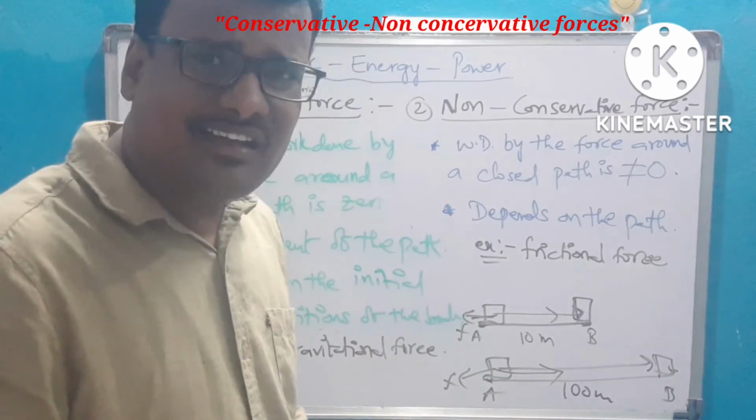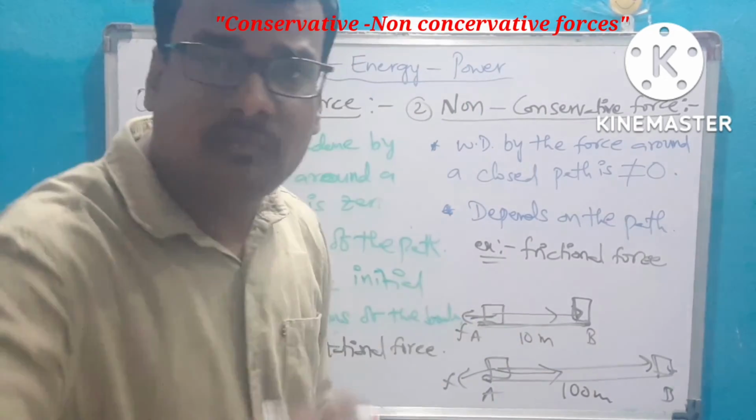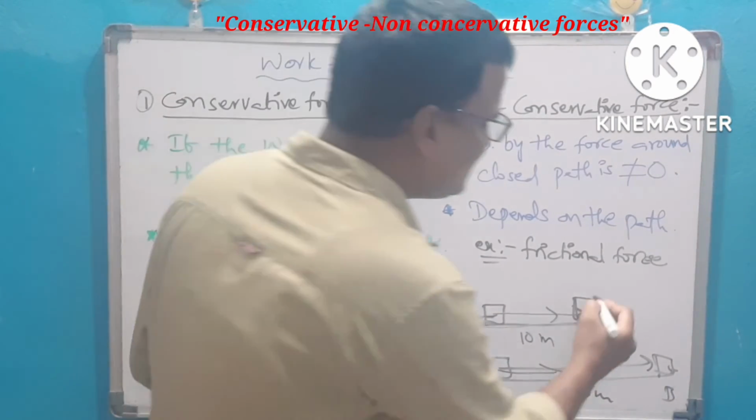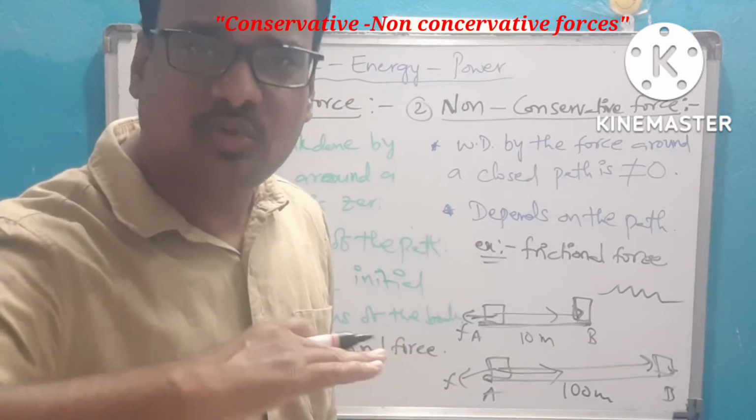In another example, in the first case the surface is very smooth, but in the second case the surface is zigzag, an uneven surface.